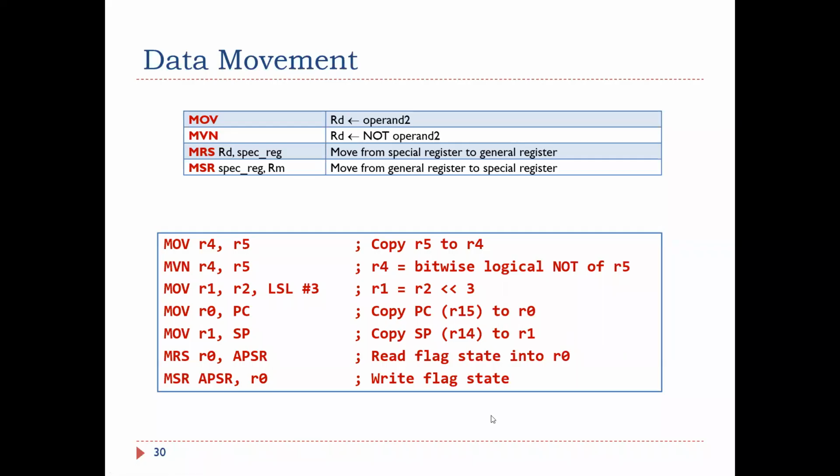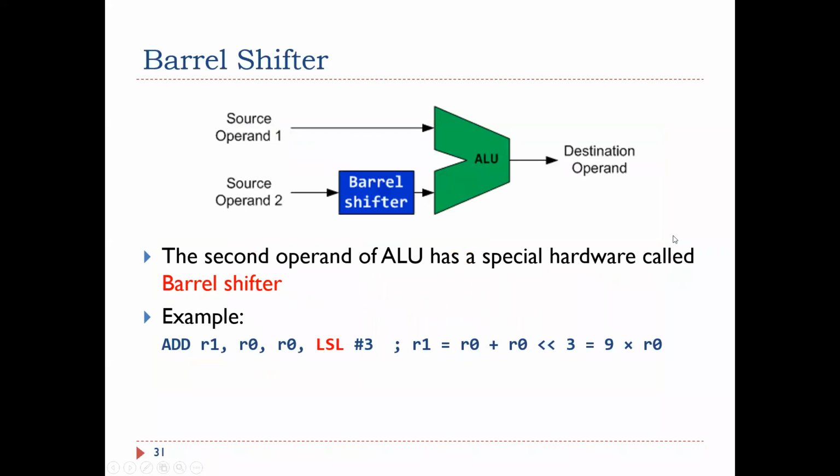Okay, so we're going to start from where we left off. The next thing that we are going to discuss is the barrel shifter. The barrel shifter is hardware that is attached to the ALU.